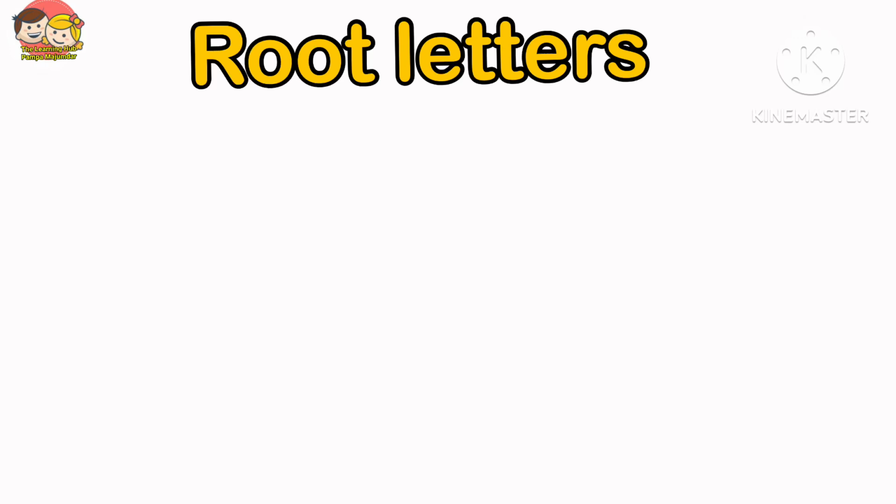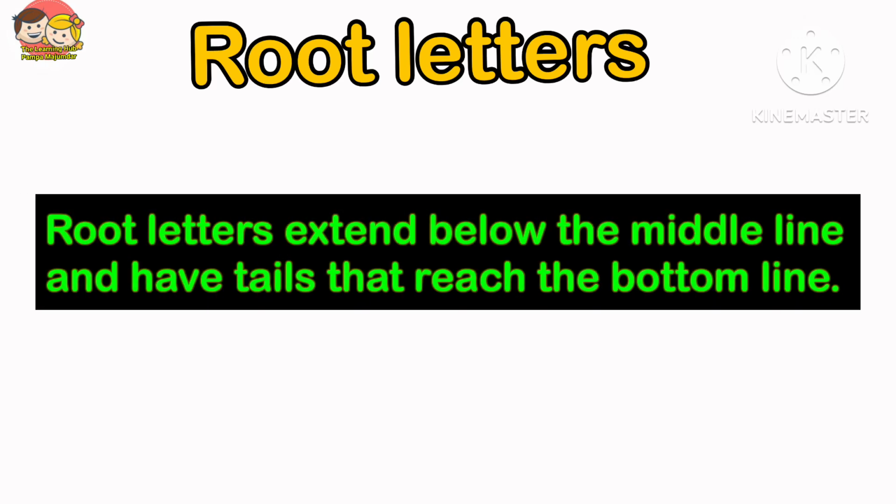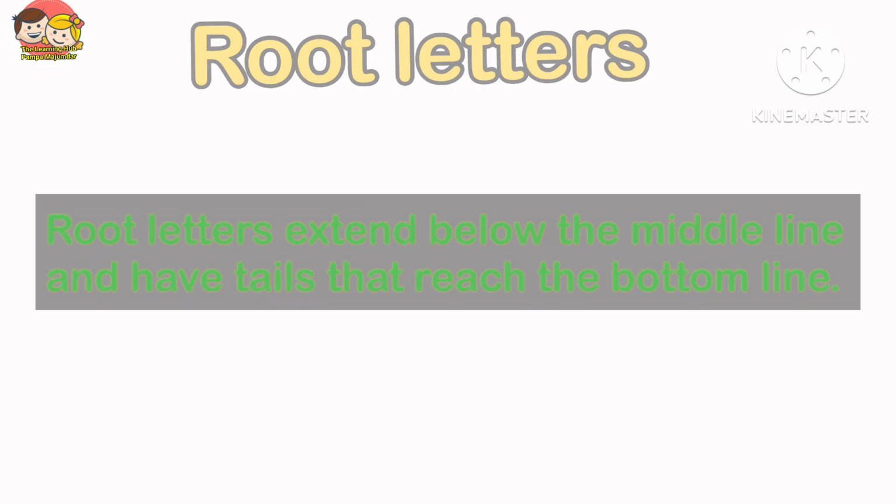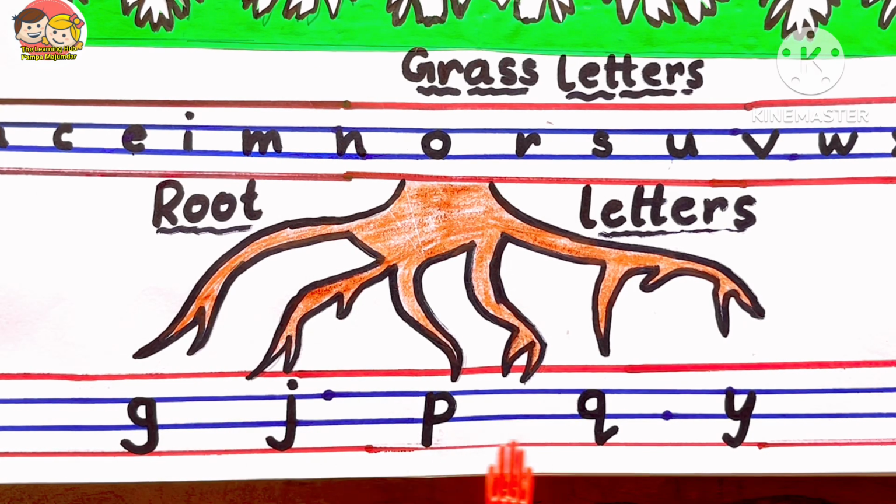Now root letters. Root letters extend below the middle line and have tails that reach the bottom line. I repeat, root letters extend below the middle line and have tails that reach the bottom line. There are 5 root letters.